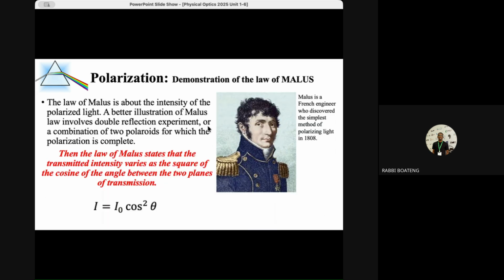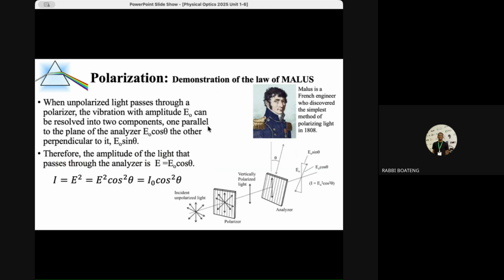There's something here that we have to look at, and that is Malus's law, which is very important. I showed you briefly how Malus's law behaves, but this is a very typical example again. If we have an unpolarized light here and a polarizer whose axis is vertical, it will allow only the vertically polarized light to pass through.